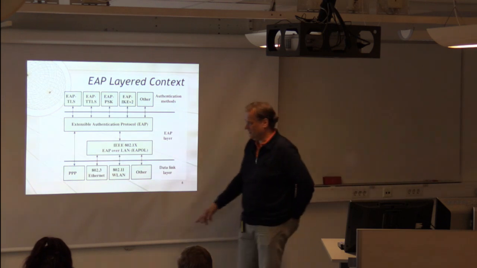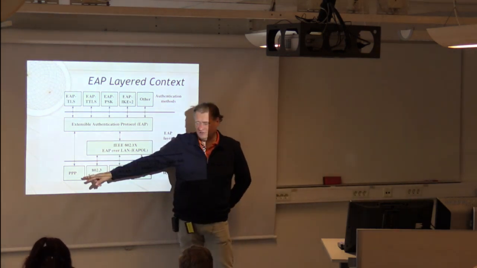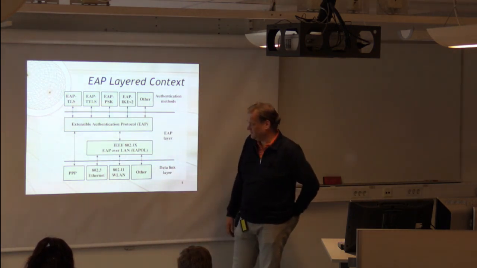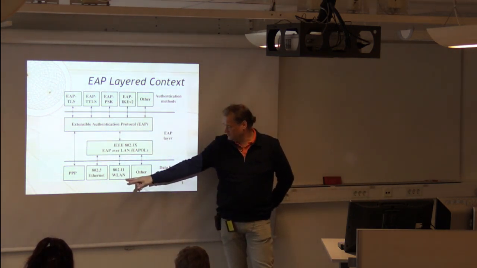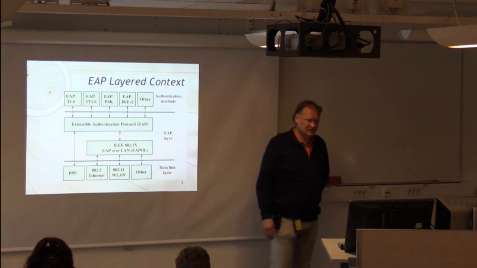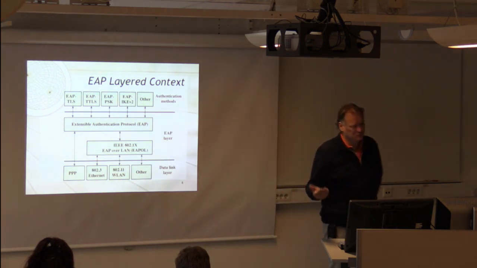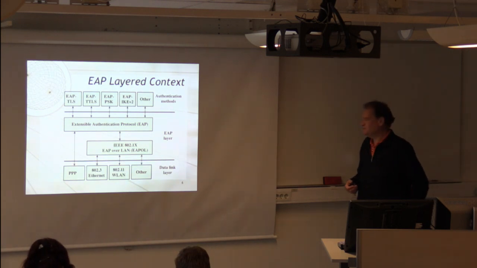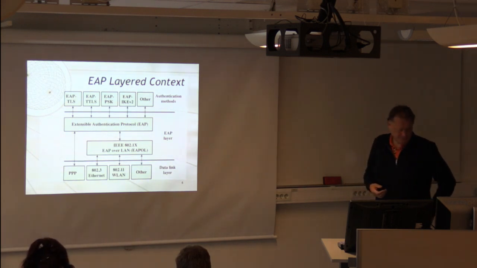So here we have a point-to-point serial link, probably. Here we have a normal physical Ethernet. Here we have a wireless network, but there could be others as well. So it doesn't really matter what type of physical network we are connecting to. We can use the methods anyway.